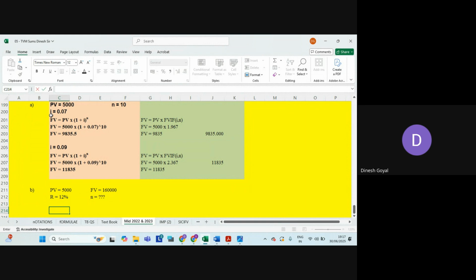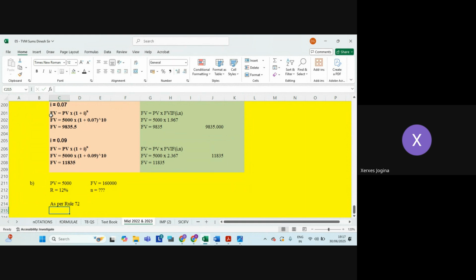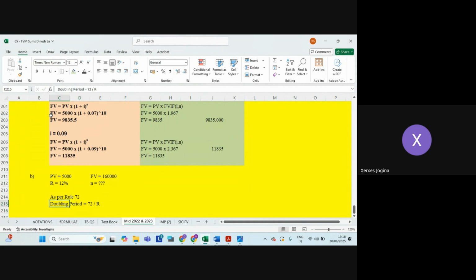As per rule 72, it is 72 divided by the interest percent R. So 72 divided by 12 is 6, equal to 6 years. So in 6 years, your money is getting doubled.